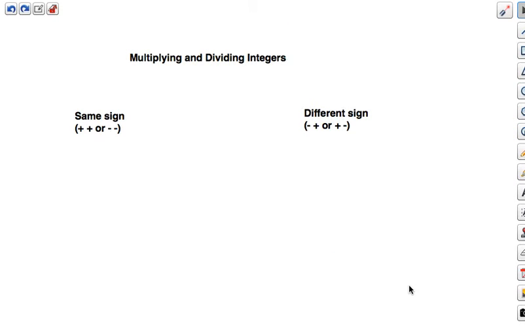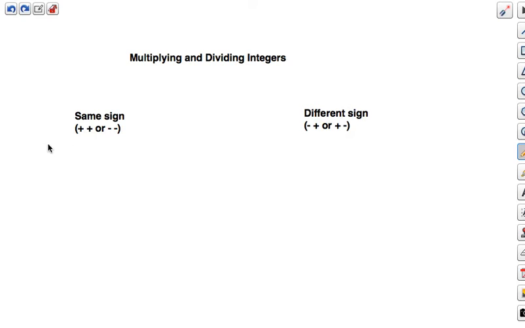Let's go ahead and look at multiplying and dividing integers. If when multiplying you have the same sign, or dividing for that matter, your product or quotient will be positive.